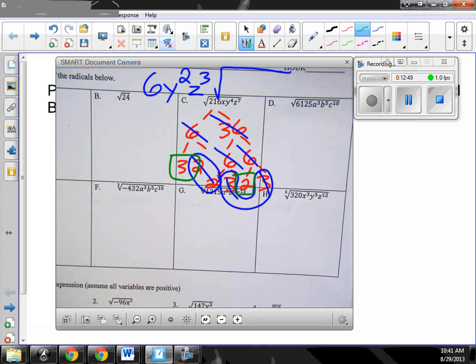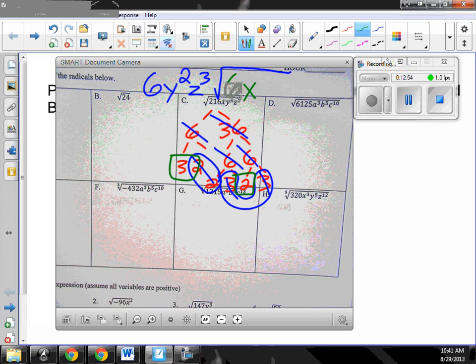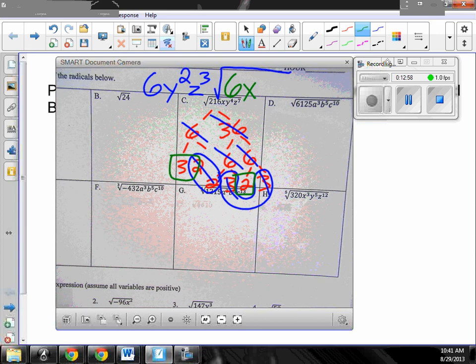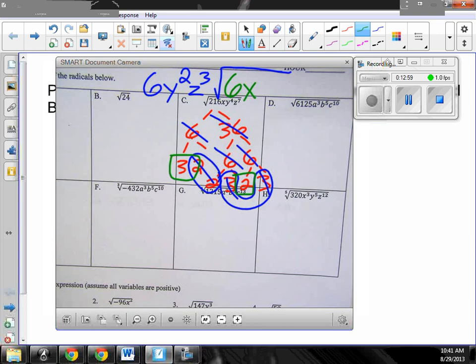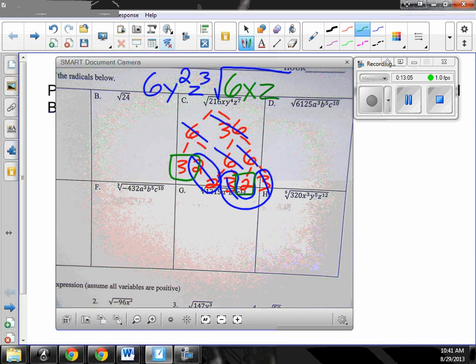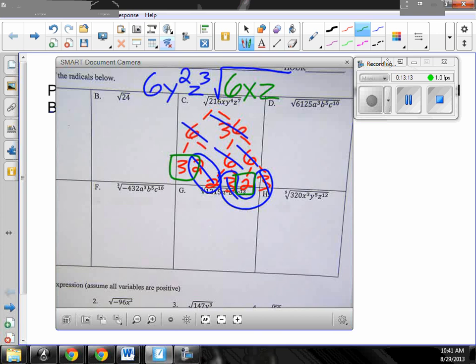So I have 6. And I had 1 x that stayed behind. How many y's stayed behind? None. So no y's. How many z's stayed behind? Just 1. So 6xz. And that's your answer.